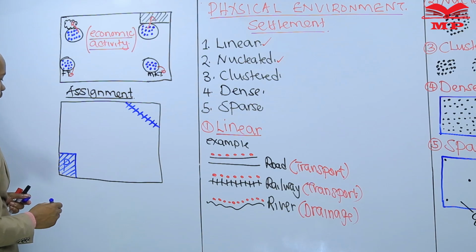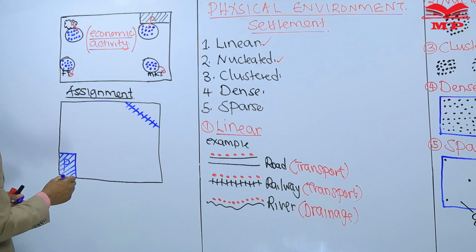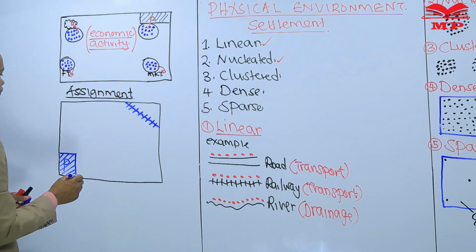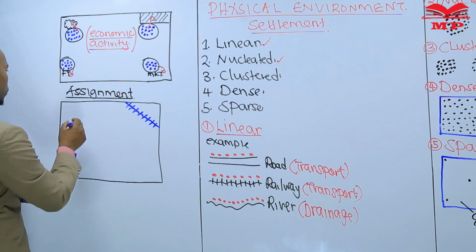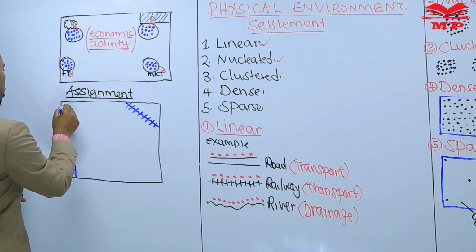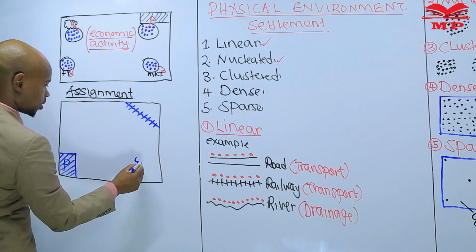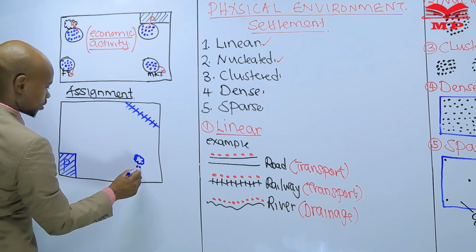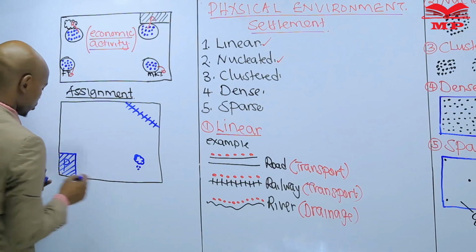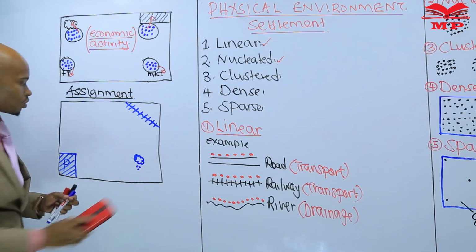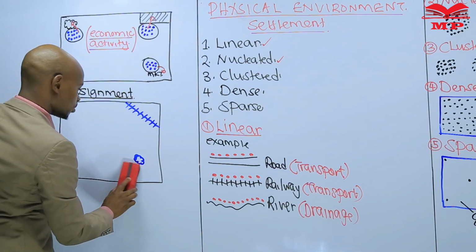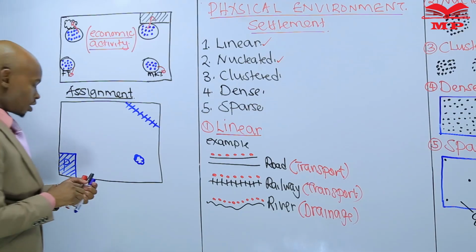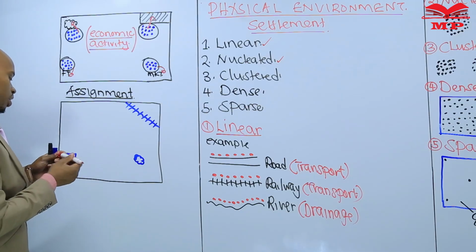Number 4, another example. We can have a quarry somewhere here, and in that quarry we have, let me use a different color to show that. We have now the settlement patterns.